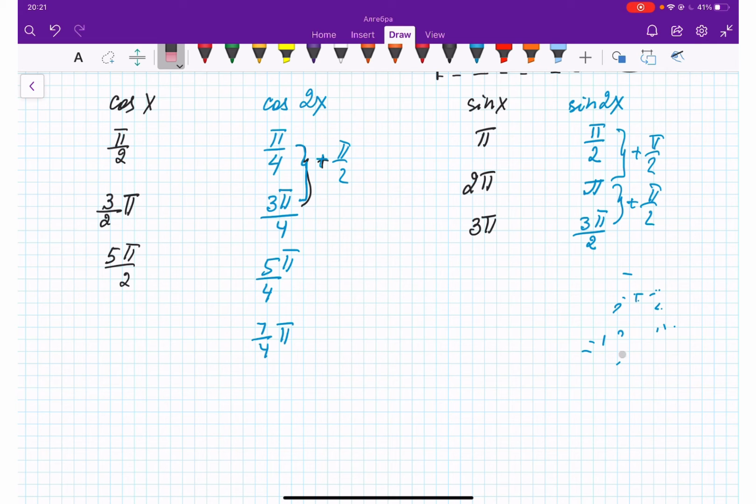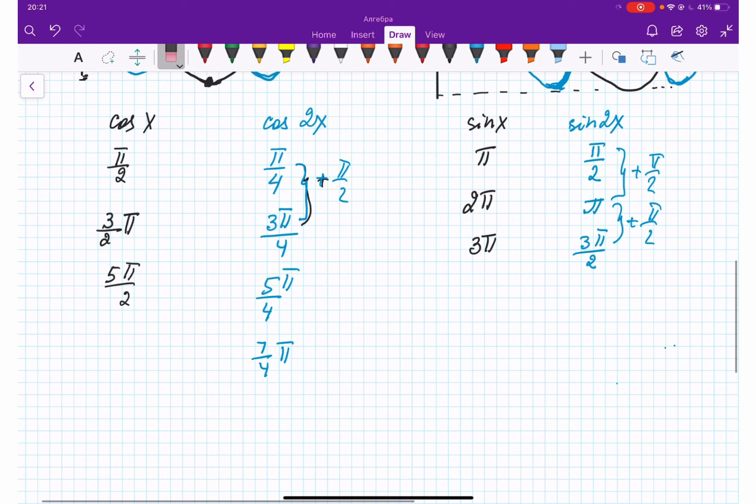And now once we identified our critical points, let me write them down. Our first critical point is pi over 4, and then the second one I will put pi over 2 because from sine 2x. I'm just putting them in order.